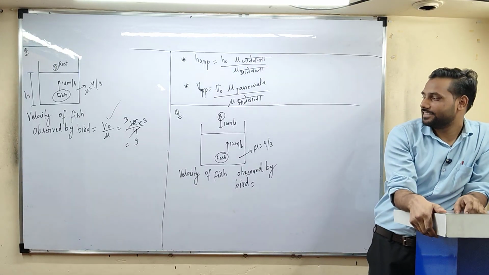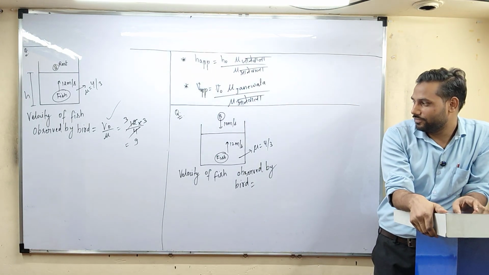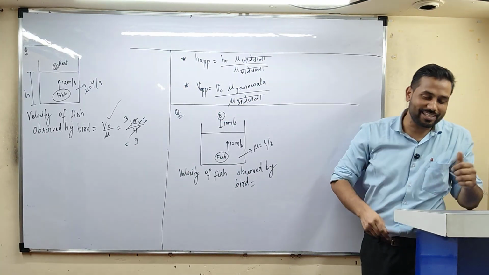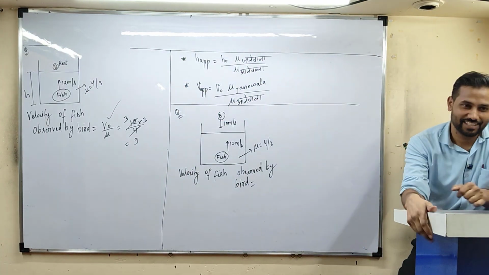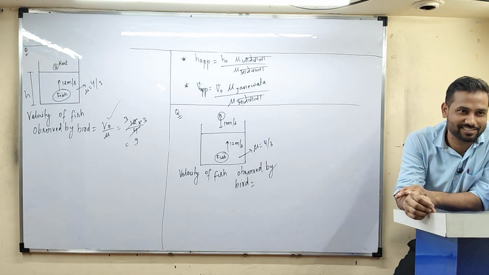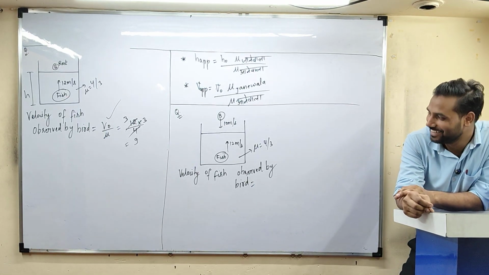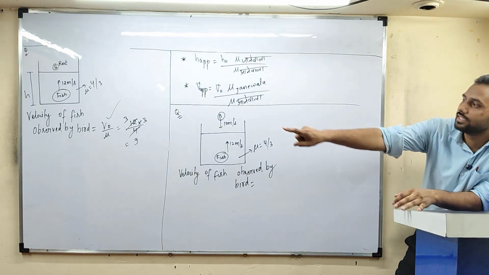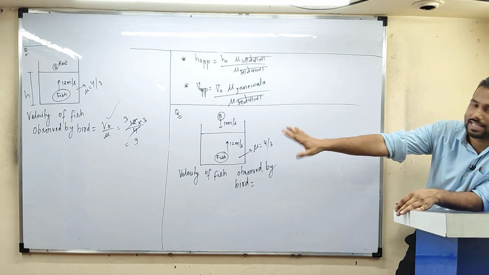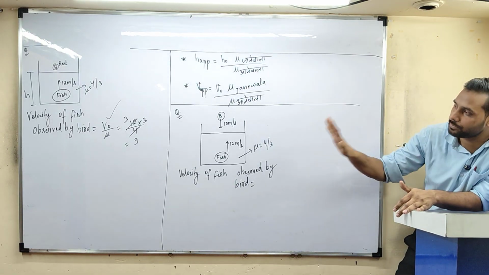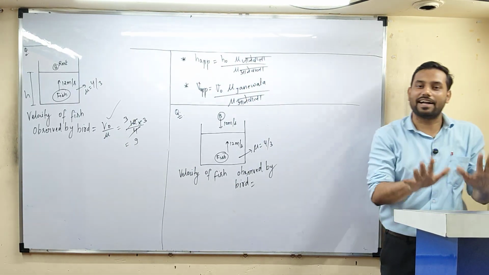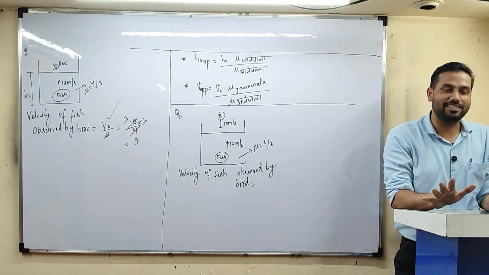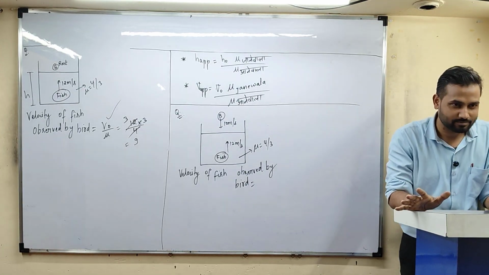Nine plus 10. Velocity of fish observed by bird, because it needs some extra brain cells. 9 plus 10, because the same scenario, if you just observe that, great mathematicians, what they do is very simple.